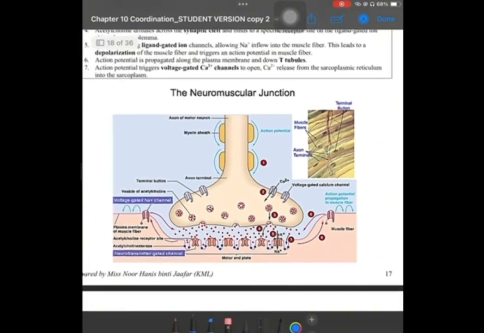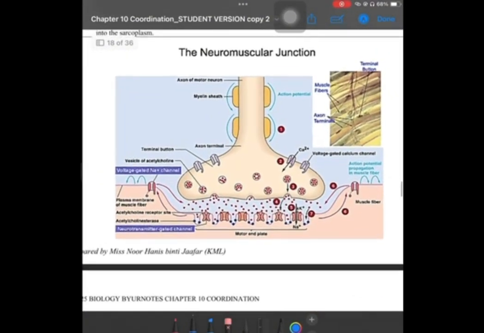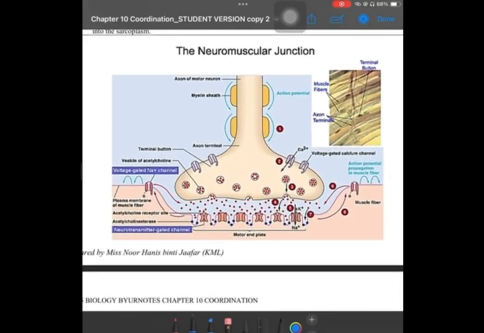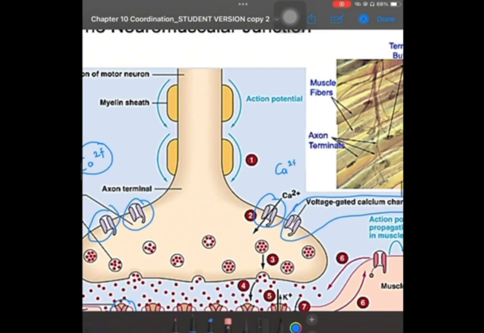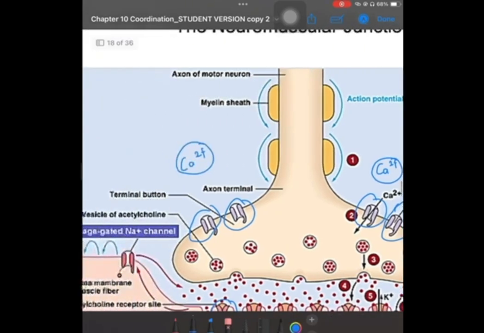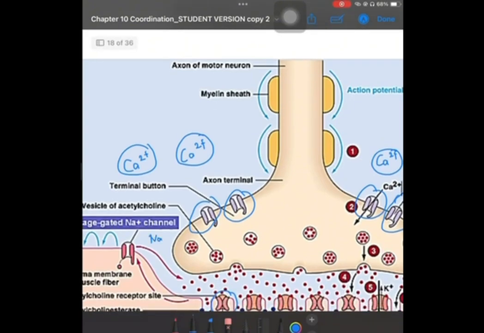As you can see here, this is how it looks using the part that I showed just now. And outside here, you have the calcium ions, and also the sodium ions.